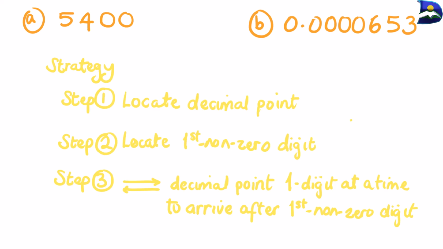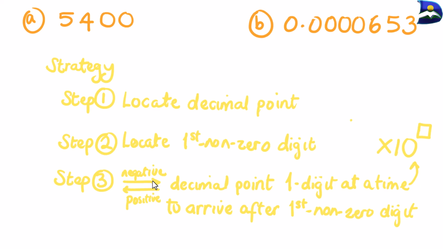For our step 3, if we are moving from right to left, we are performing a positive action. However, if we are moving from left to right, we are moving in a negative action. This results in the following: times 10 to the power of whatever steps that you took, either in the positive direction, going from right to left, or negative direction, from left to right.